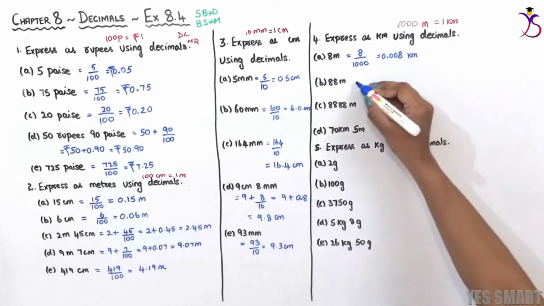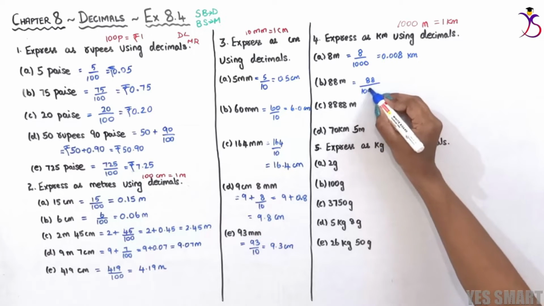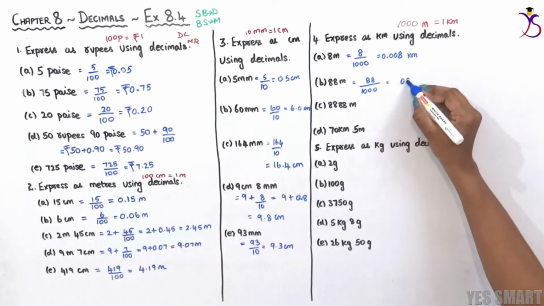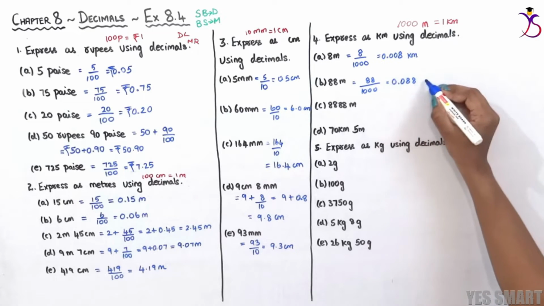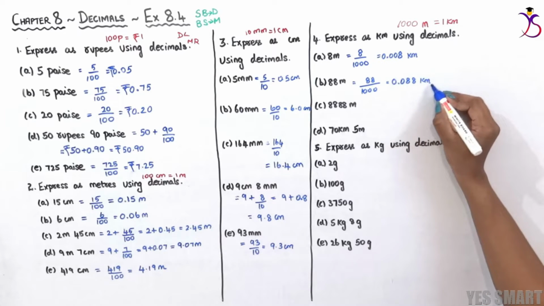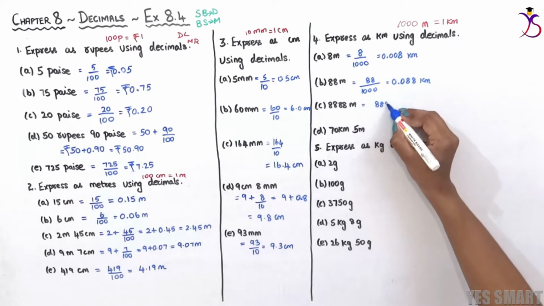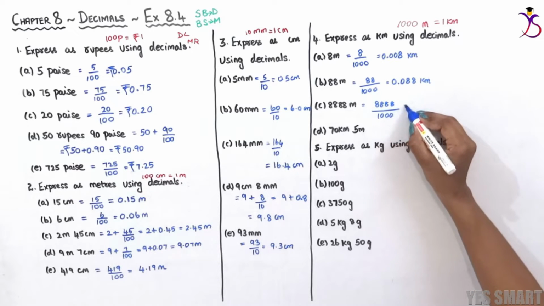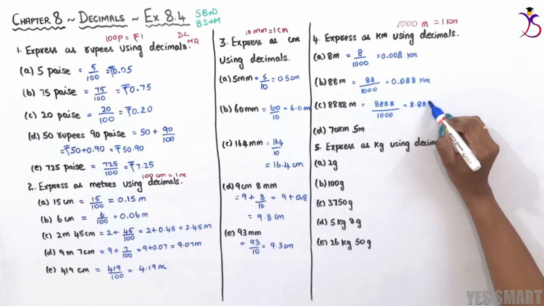Now 88 meter. 88 divided by 1000. Again we have to move the decimal point 3 places. So it becomes 088. So 1, 2, 3. Before 3 digits, I'm just placing the dot. Before that, we'll write a 0. Therefore, the answer is 0.088 kilometer. Next, we have 8,888 meter. So 8888 divided by 1000. We are supposed to move the decimal point 3 places in the left hand direction.